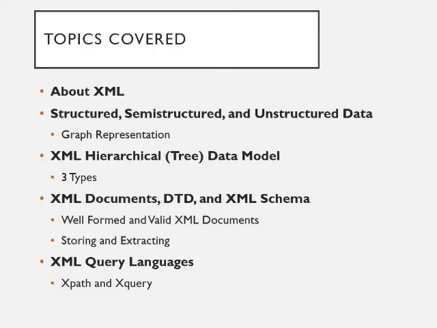Then storing and extracting XML data from the database. The last topic is XML query languages, where we saw XPath and XQuery. XPath has two separators, single slash and double slash. XQuery follows the FLWOR expression. This is the overall picture of XML databases.